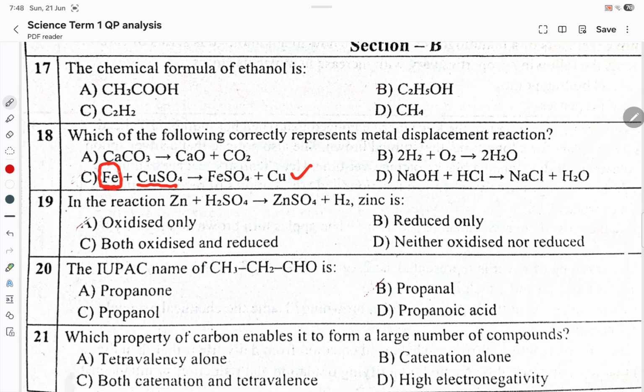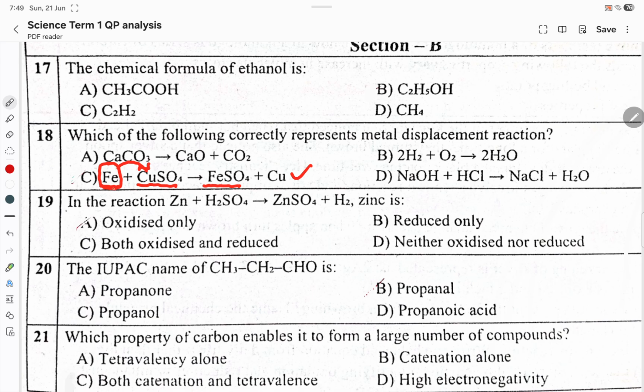Iron is the metal which displaces copper from copper sulfate solution. That means one metal displaces another metal from its compound. Finally, it gives a new substance called ferrous sulfate, and copper. Here copper is in its compound, but because iron is highly reactive, it displaces copper from copper sulfate, and we have iron sulfate, and copper is separated out.